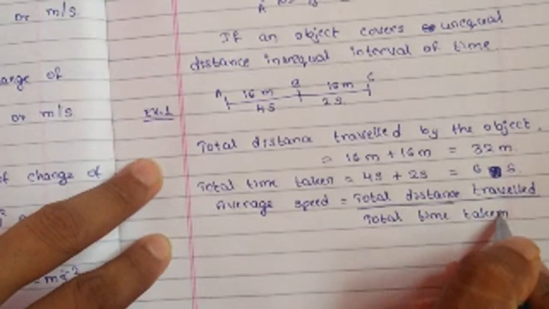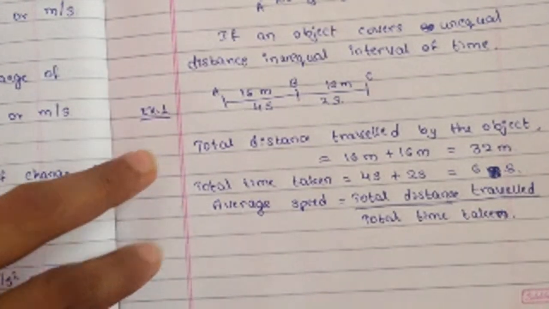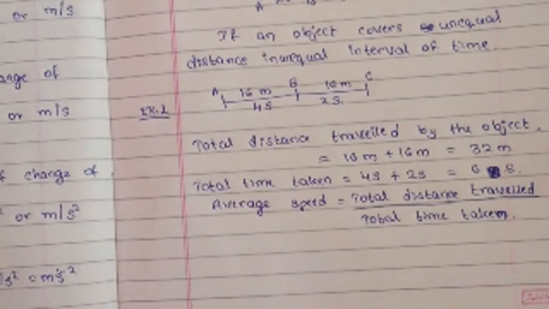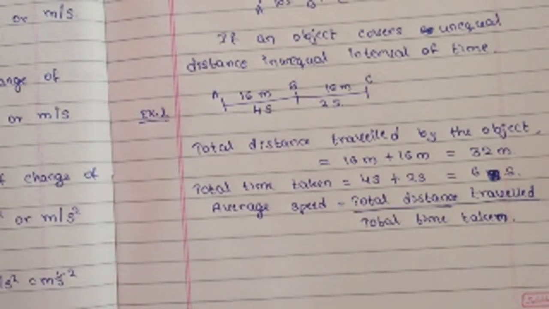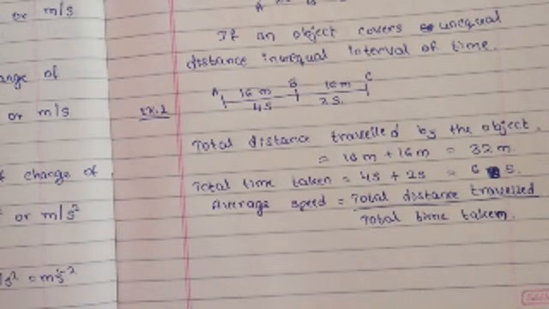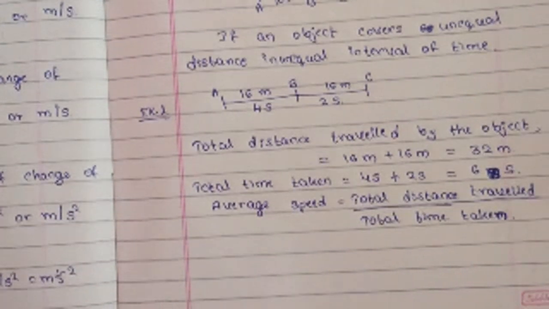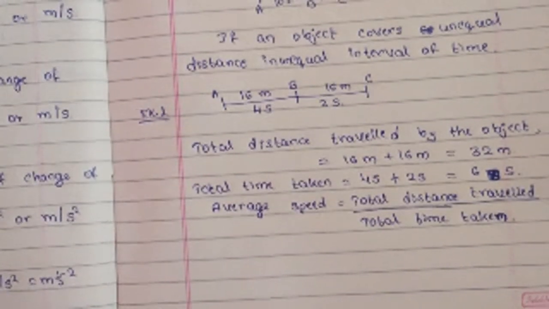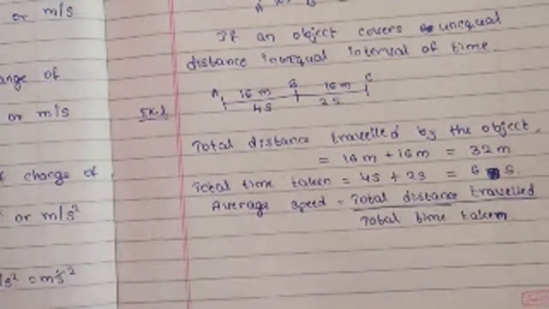Just substitute the values and comment me the answer. So total distance traveled is in front of you, and the total time taken is also in front of you. Just calculate, substitute the values and comment me the answer. Do the calculation fast.